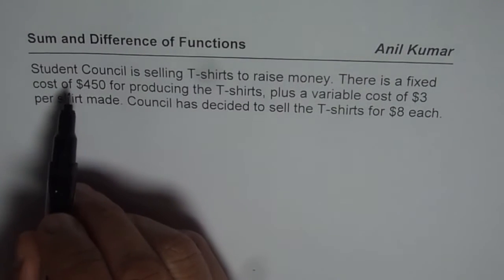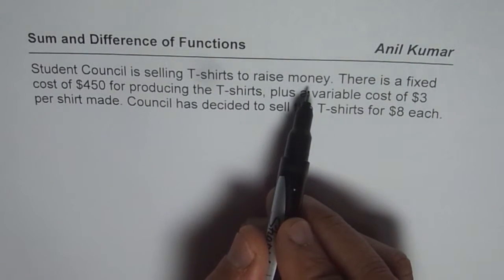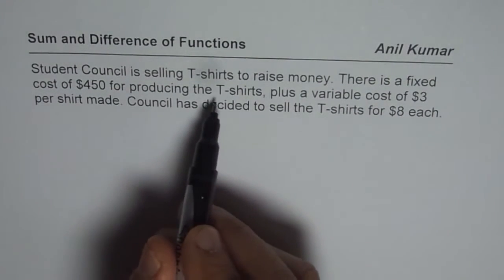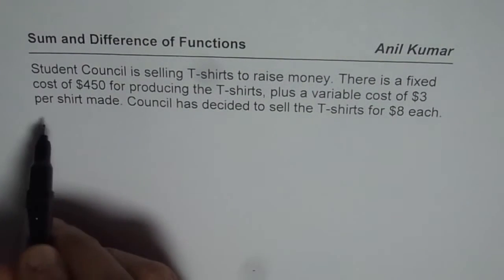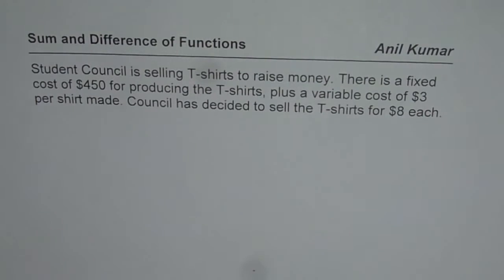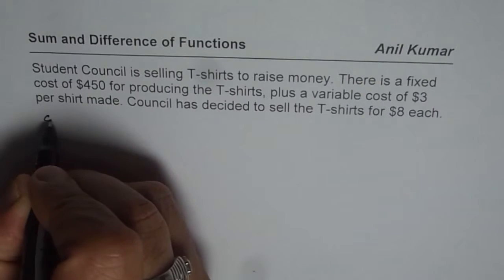Now when we say student council is selling t-shirts to raise money, that means there will be some revenue from that money, right? There is a fixed cost, we're talking about cost for producing t-shirts plus a variable cost which is $3 per shirt, and we have a selling price which is $8. So from here let us first find the cost function, right?